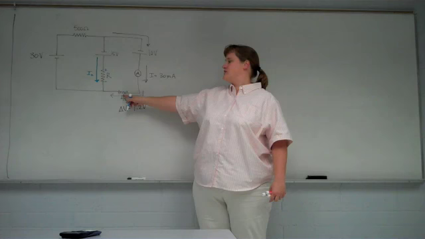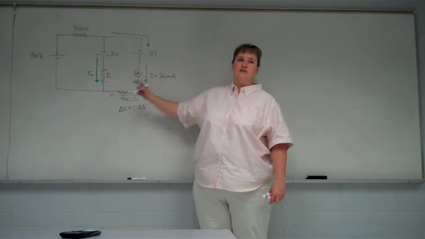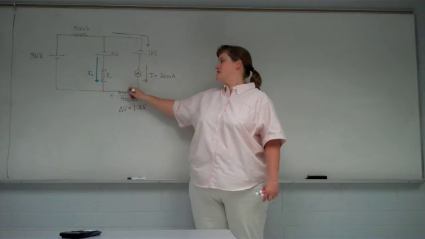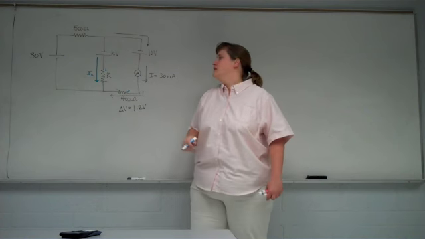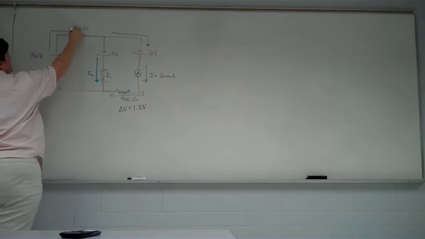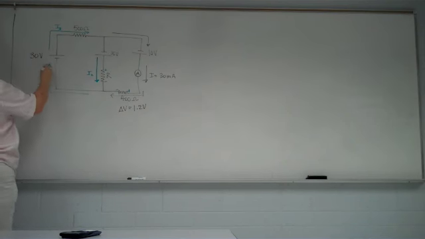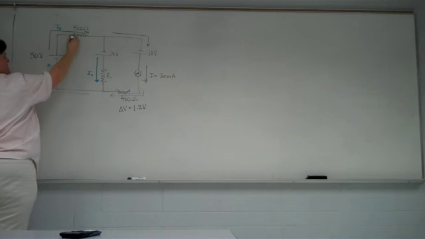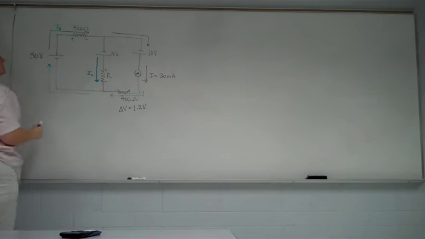By the way, which end of the resistor is higher potential for the 400? Right hand side's higher potential. And then, let's call this I3. That means the left side is higher potential than the right side.